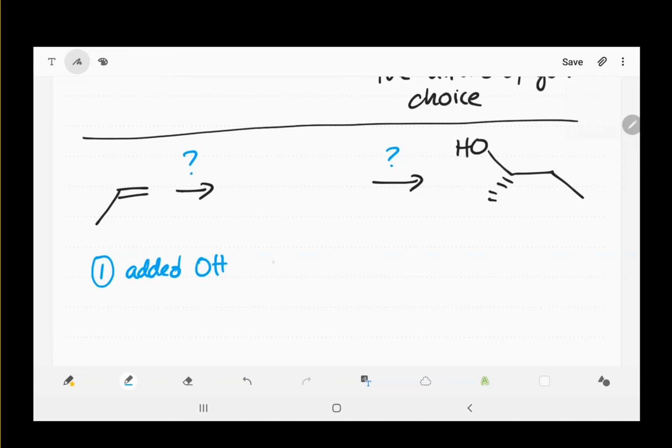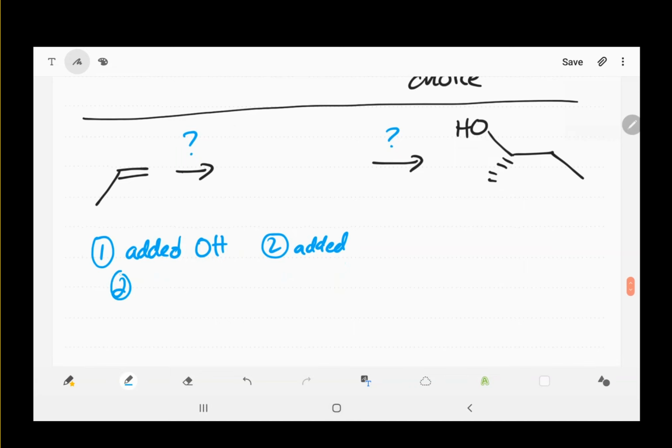So just things we've added to this. What else is different? Just the double bonds are broken. Double bond is broken, sure. 3, we'll say. What else? What else is different here?